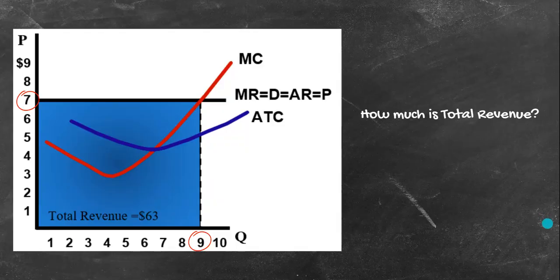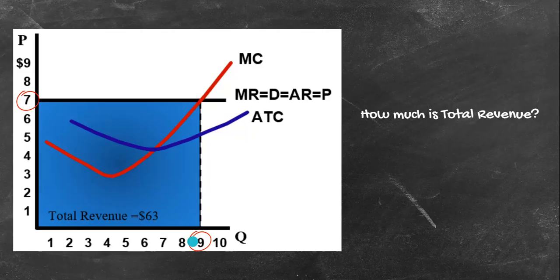Now, as for total revenue, we can calculate total revenue by, again, looking at where your marginal cost intersects or equals your marginal revenue.